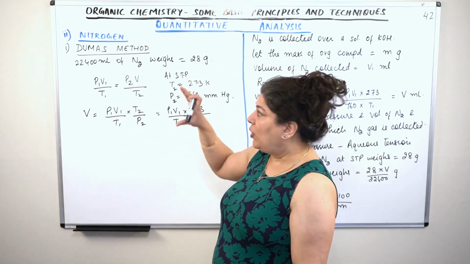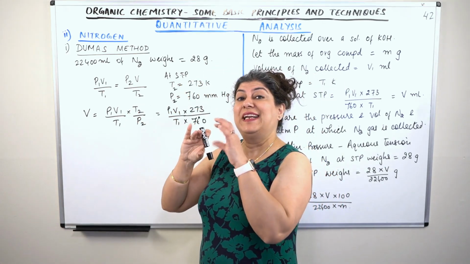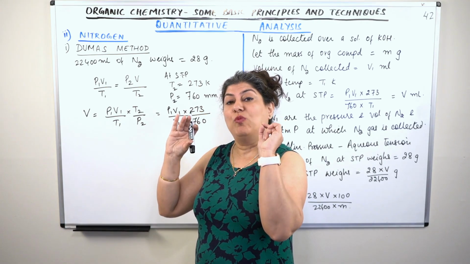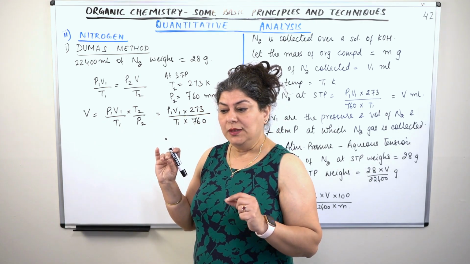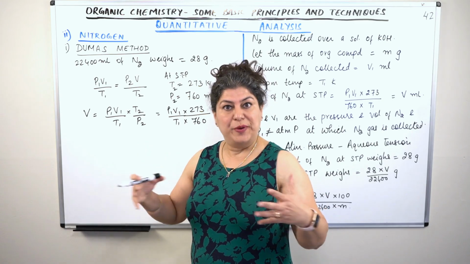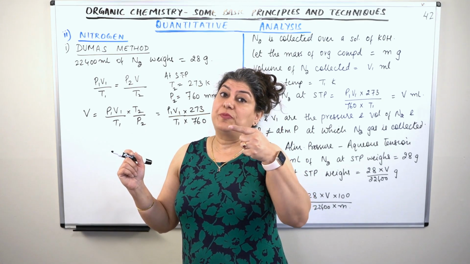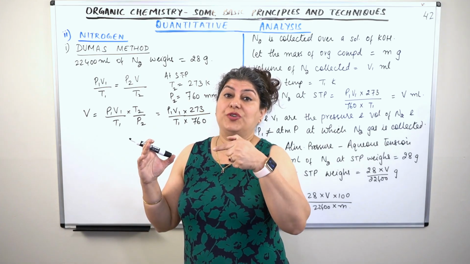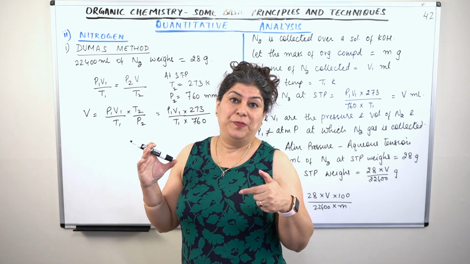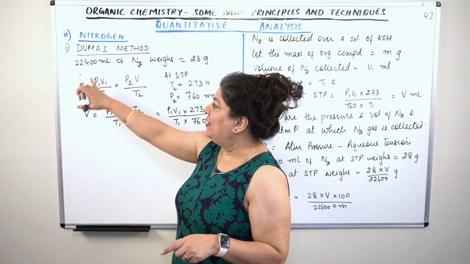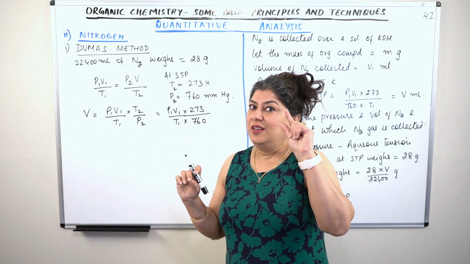But in this column we did not have only nitrogen. We had a little bit of moisture also. So when nitrogen is exerting pressure, the moisture that is present is also exerting some pressure. So when we calculate P1, it should not be just the pressure of nitrogen.